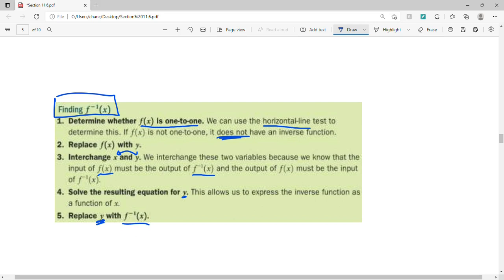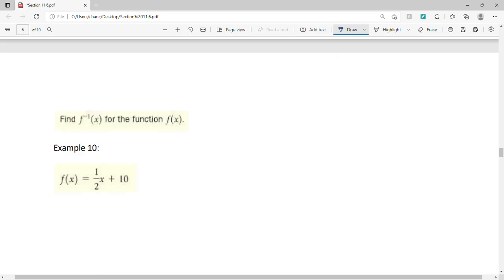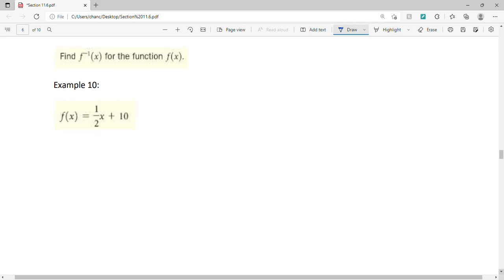So let's try some examples so we can get a better grasp of this section. To find the inverse function for f of x, you have to determine if this thing is one-to-one. We are going to assume that these functions are all one-to-one, and we are going to look for the inverse.